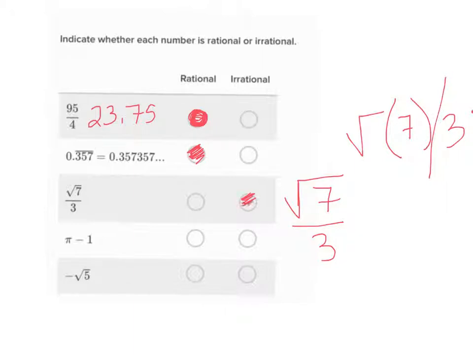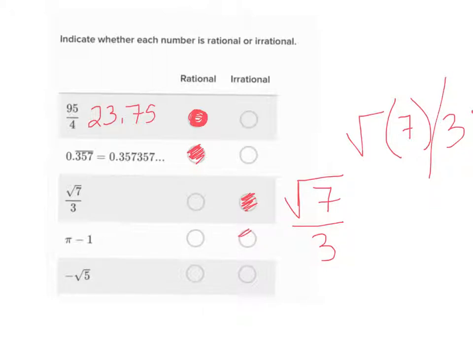then it's irrational. Okay, let's look at pi minus 1. Okay, so if I type in my calculator the pi symbol minus 1, so I'm typing this right here, just like you see it. The pi is right below the clear button. So when I type that in, it gives me 2.141592. There's no pattern.